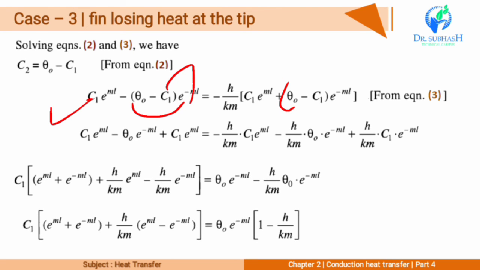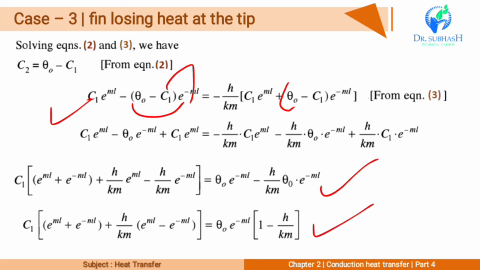Take C1 common and we get C1 inside the bracket e raised to mL plus e raised to minus mL plus h by km e raised to mL minus h by km e raised to minus mL is equal to theta 0 e raised to minus mL minus h by km theta 0 e raised to minus mL.